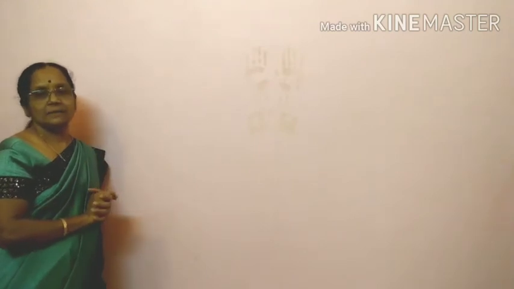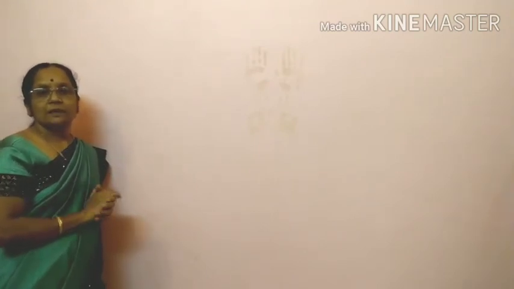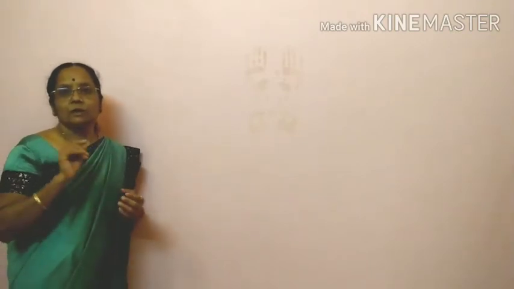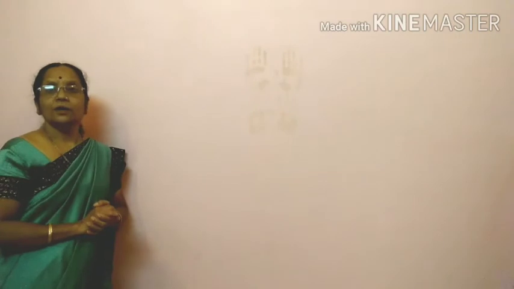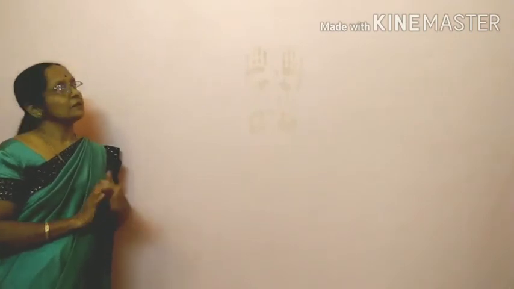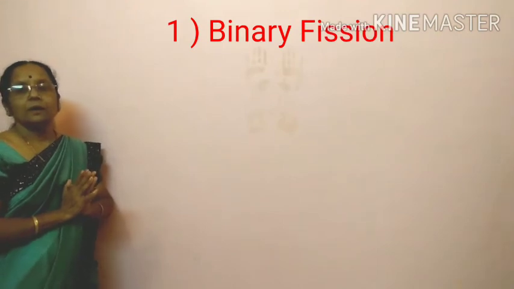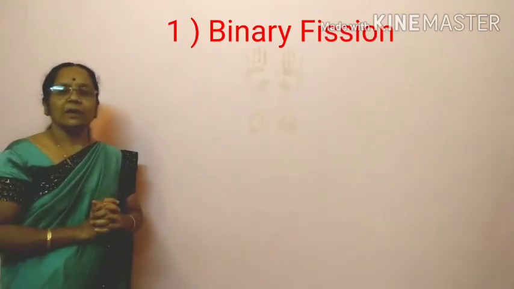युनिसेल्युलर ऑर्गॅनिझम मध्ये. Students, there are 3 main types of asexual reproduction in unicellular organisms. The first is binary fission. Binary fission means what?